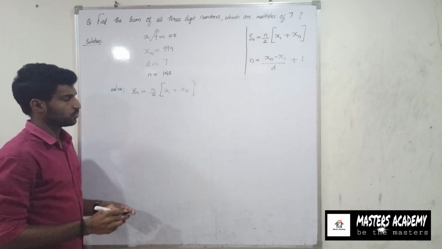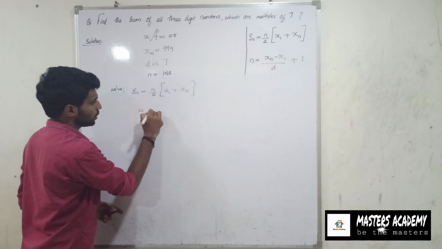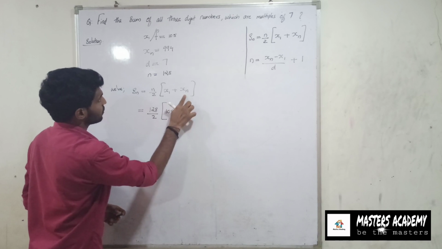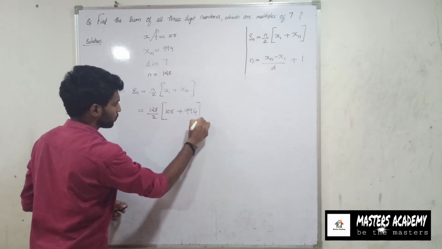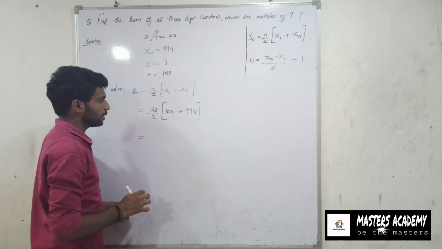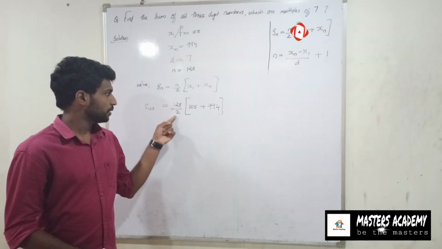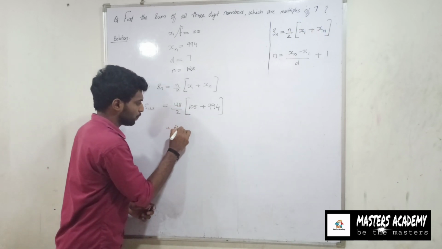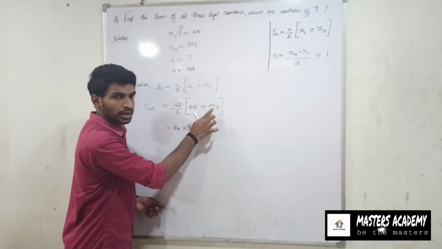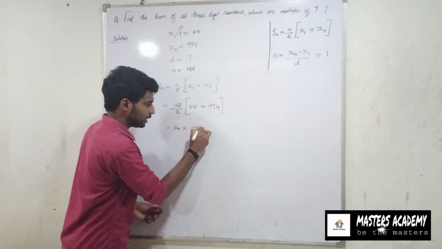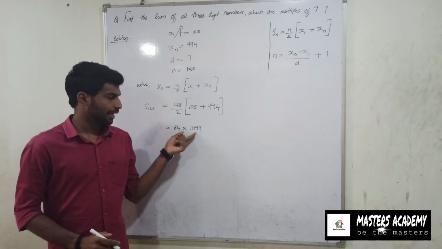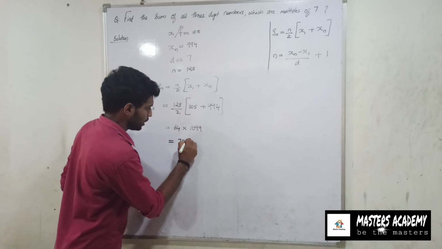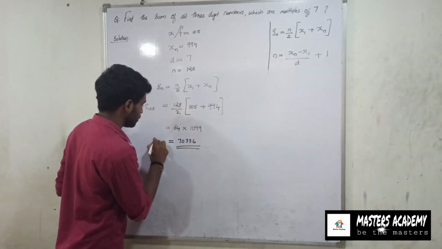That is 128 divided by 2 into x1, which is 105, plus xn, that is 994. 128 by 2 is 64, into 105 plus 994 gives us 1099. 64 into 1099 gives us 70,336. So this is our answer.